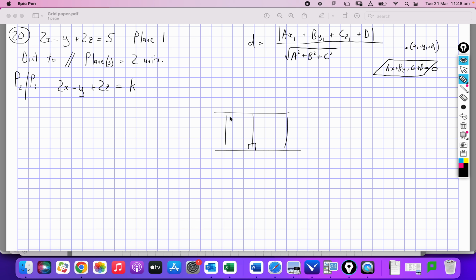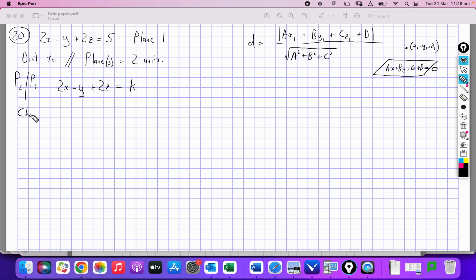So I get to choose some point on one of the planes, and it can be any point, right? So what I'm going to do in this question is choose a point on plane 1, which I have to use plane 1. That's what I've got the equation for. And it can be any, an arbitrary point almost.